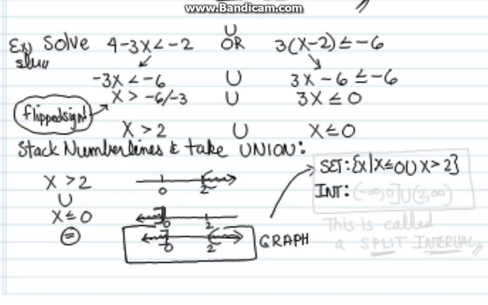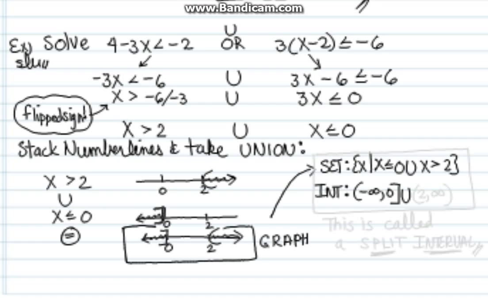And then in interval notation, we have to express the two shadings in interval form. For the left interval, the smallest value is negative infinity, and the largest value is 0. And we get an open bracket on the infinity and a boxy bracket on 0 because it is included in the graph.